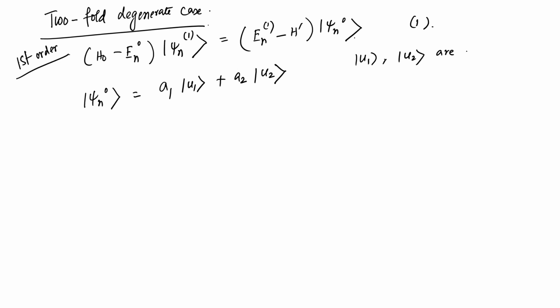That means they are themselves distinct, they are not equal to each other, neither are they linearly dependent. So they are linearly independent and orthonormal, and they form the basis, or rather these two are the degenerate states, they correspond to the same energy.